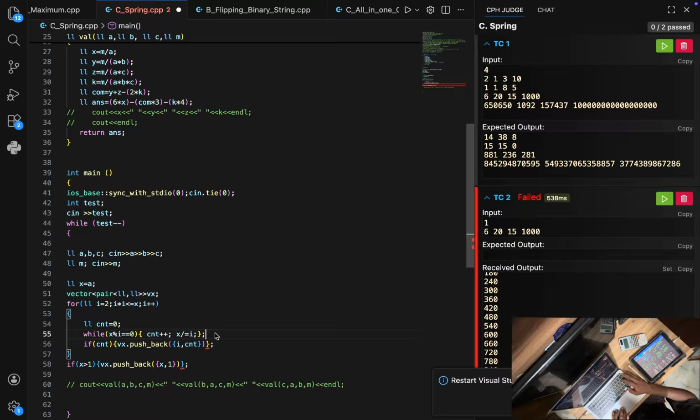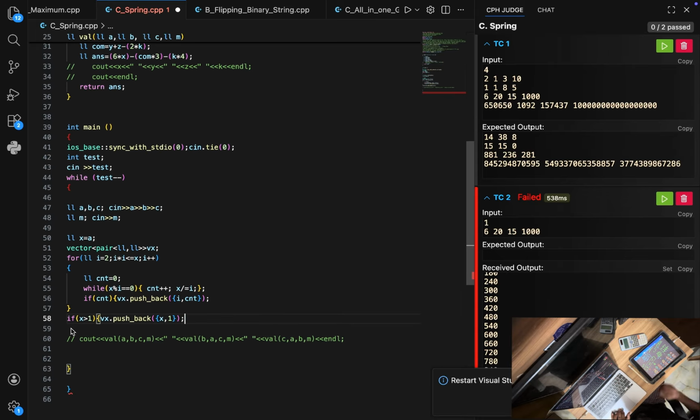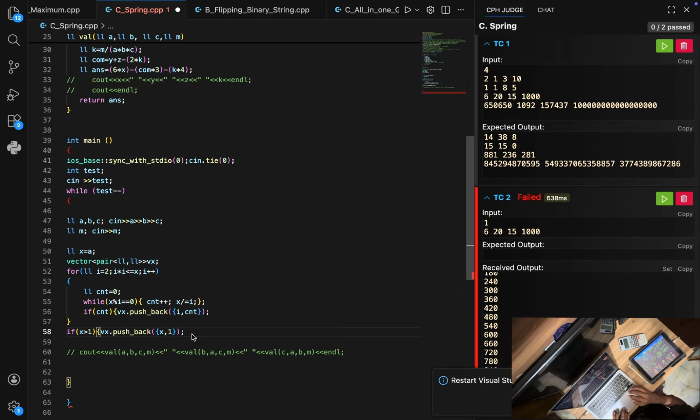Why is it showing error? Should I create the function?